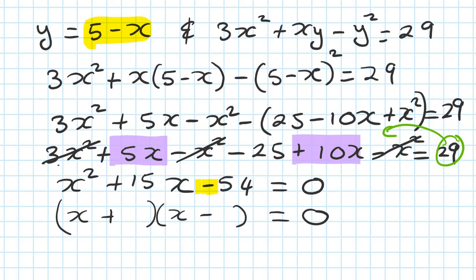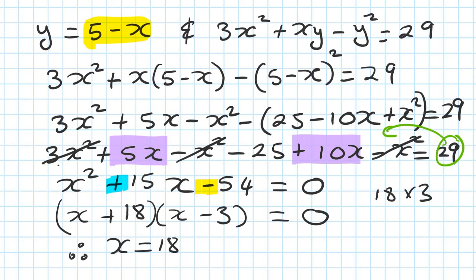Of course it is 18 times 3. Because of the positive 15, the positive must be the larger number, which is 18 and 3. So therefore, x is equal to 18 or x is equal to 3.